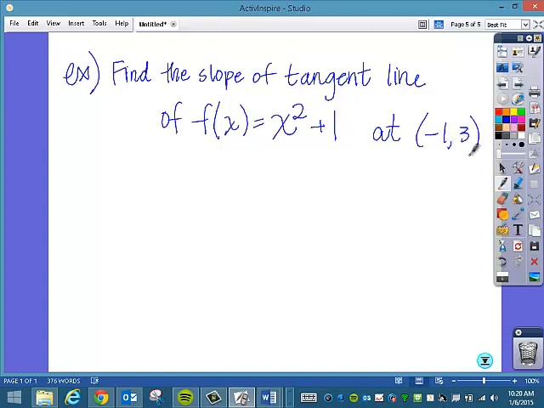Because remember we talked about, depending on which point you choose on your function, the slope of your tangent line is going to be different. So we're trying to find the slope of the tangent line at this specific point, -1, 3.